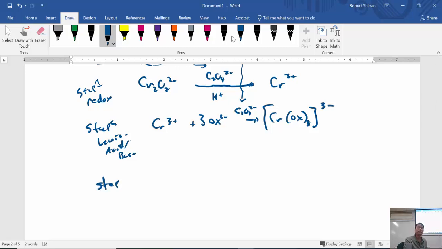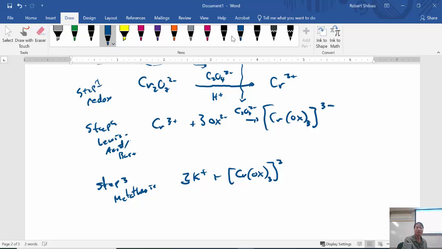Step 3 is going to be metathesis. In our metathesis, what we want is to take 3 potassiums that are floating around. There's lots of potassiums around this. So we're going to take 3 of the potassiums, and we want that to precipitate out with the complex.